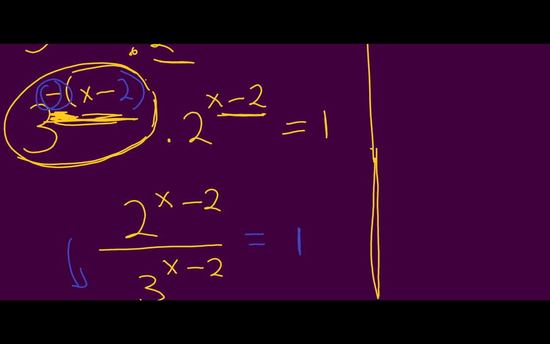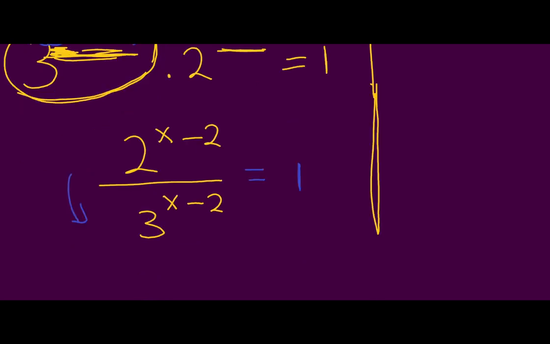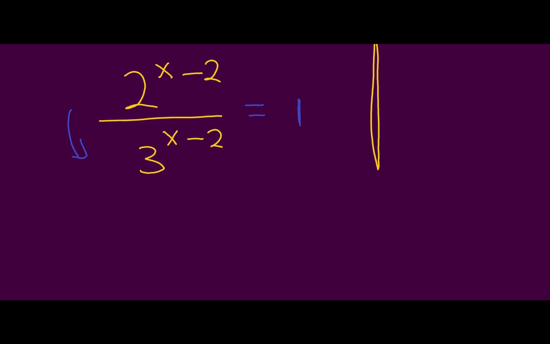Then from here, we're going to simplify this whole term. To do that, since we know that it has the same exponent, we can actually put it as a whole exponent of 2 over 3, because it's more like 2 squared over 2 squared, right?